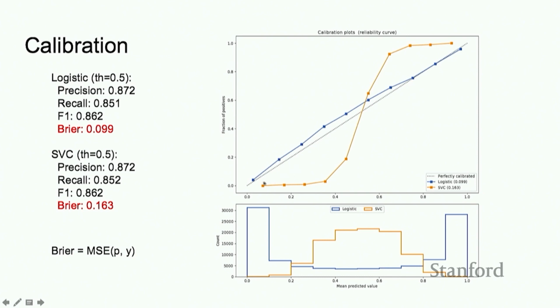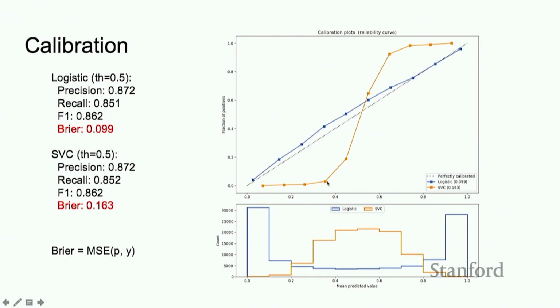However, the orange curve looks pretty different. For the orange curve, even when it predicted a 0.6 probability, most of them were actually positives. This means that you can think of the orange curve as being underconfident in some way.